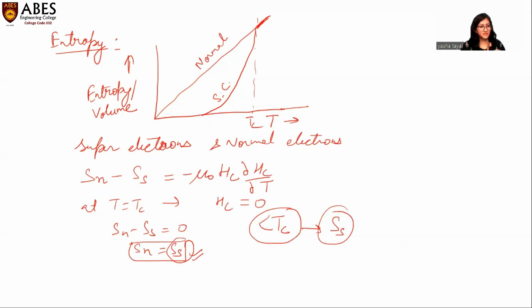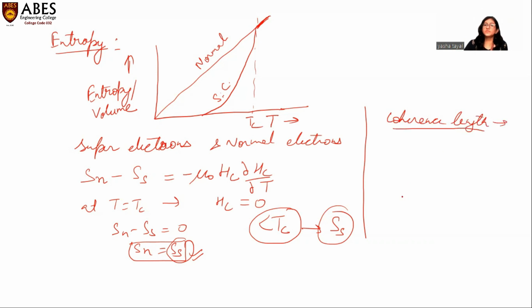I hope this part is very much clear. And one more thing, you must have known that there is a term known as coherence length. So coherence length tells about the degree of orderness, or the distance up to which two electrons, for example, are ordered.